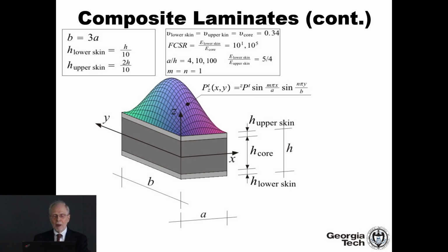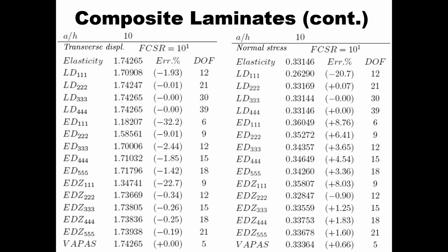Here is a composite laminate that's loaded on the top with a sinusoidal load in both X and Y directions. And we have now captured using a bunch of different plate theories, which include plate theories that are zigzag models, that are higher order models, and you can see here that all of them have different numbers of degrees of freedom.